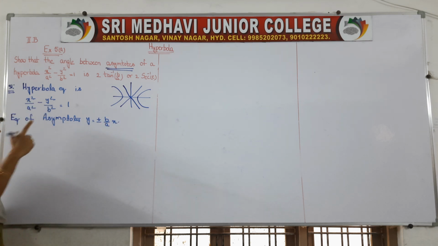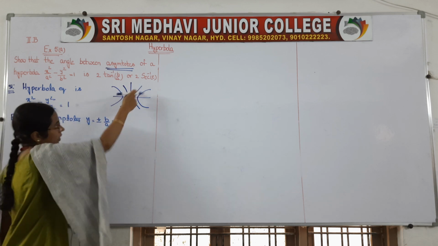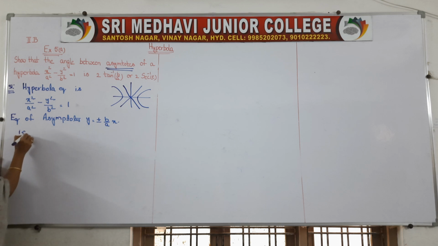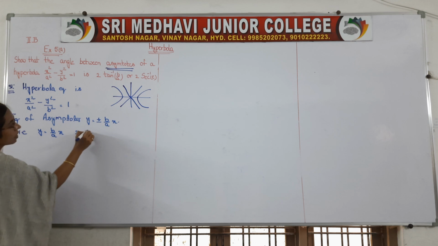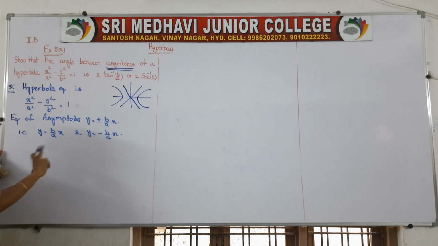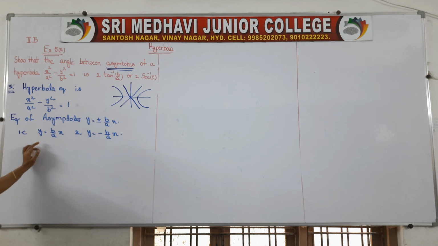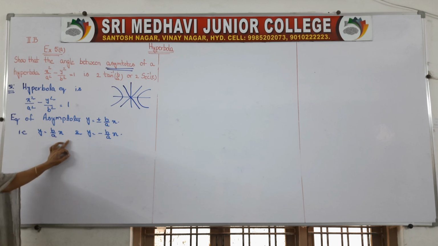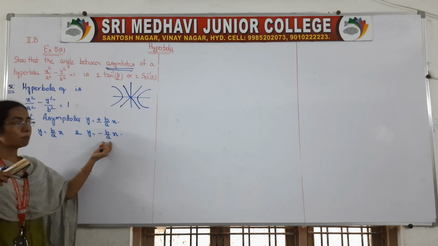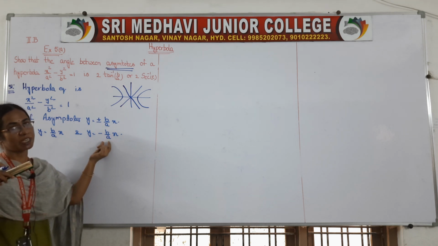Two asymptotes are there, one is this one, another one is this one. So that is y is equal to b by a x and y is equal to minus b by a x. These are the two asymptotes. If you observe these two line equations, they are of the form y is equal to mx plus c, where c is 0 and in the m place we are having b by a, and in the other, minus b by a.